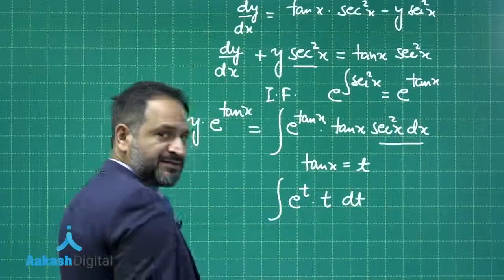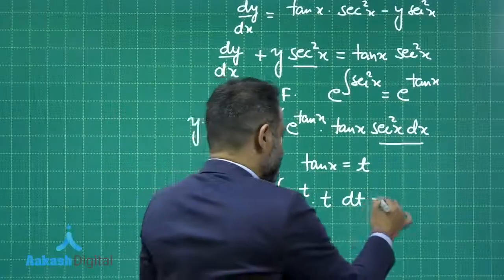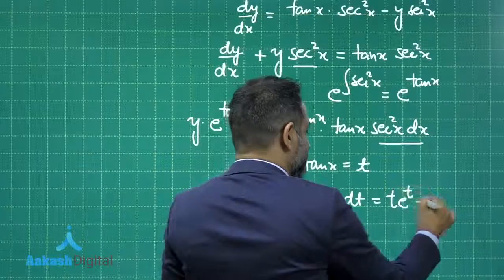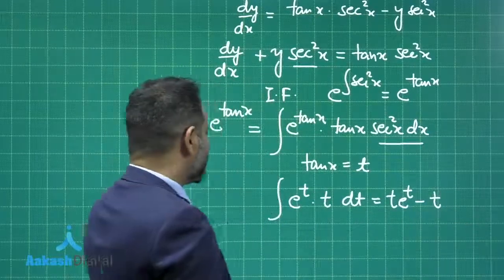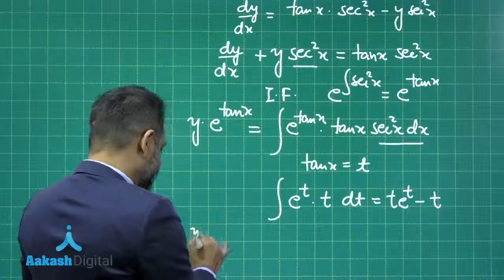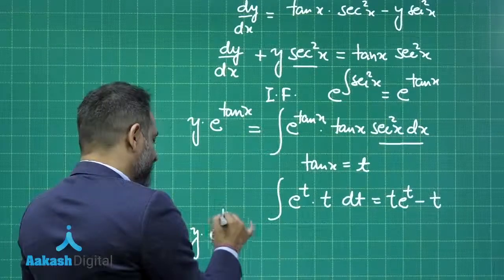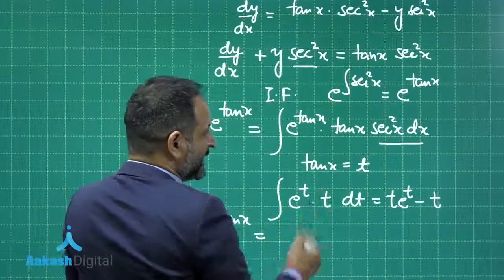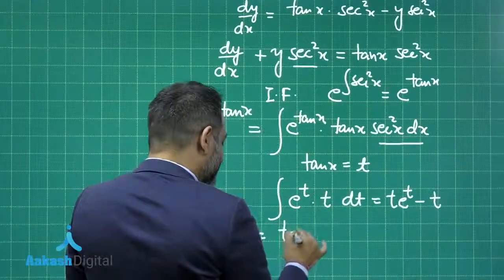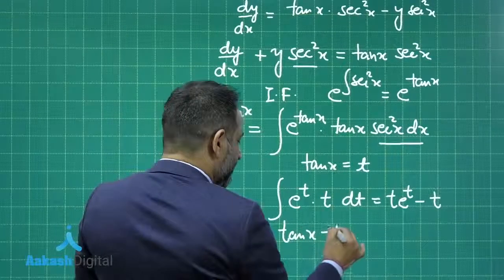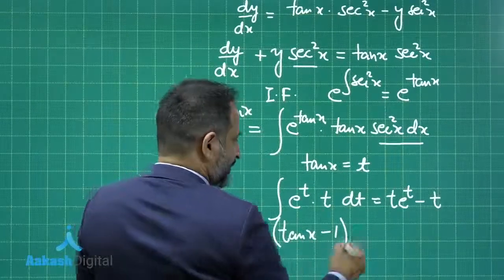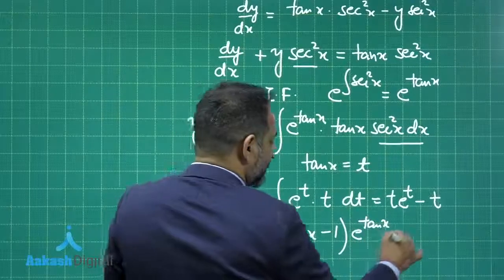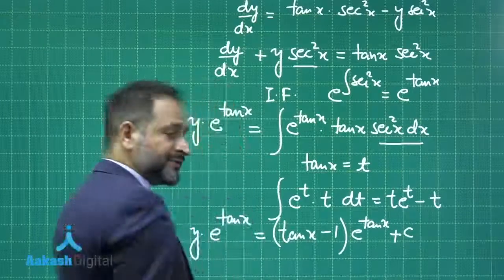So, integrating this, integration by parts, it is t into e raised to the power t minus e raised to the power t. So, finally, the solution for us is e raised to the power tan x into y is equal to t. Now, t is tan x, again replacing with tan x minus 1 into e raised to the power tan x plus the integration constant c.